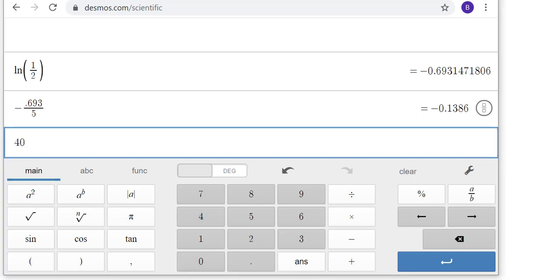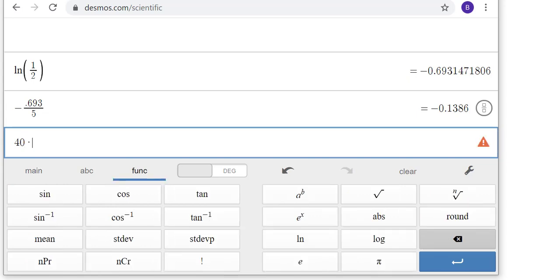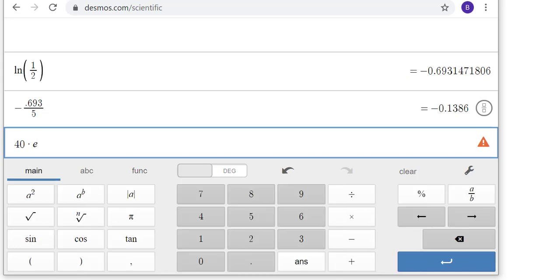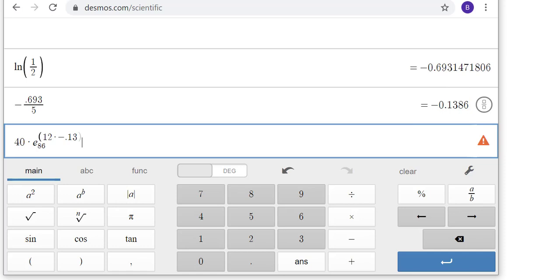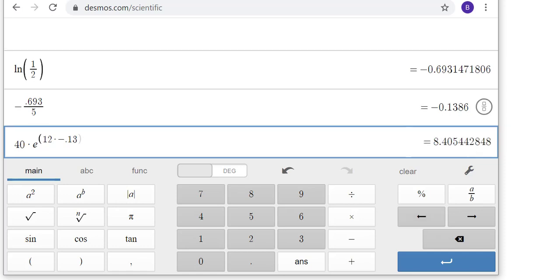So we have 40, and then we're going to go times function. Let's find e to the x, because we need to have something that goes up on the exponent. We're going to do brackets, and we're going to go 12 times our K value, negative 0.1386. Whoops, this did not work.